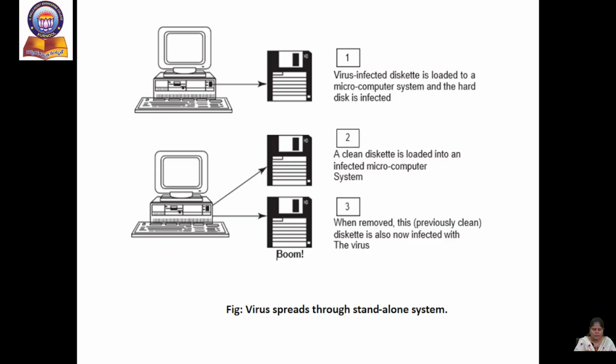Now if this is infected and a clean diskette is loaded into the infected microcomputer system, and we perform some action on this clean disk, then when removed, this previously clean diskette is also now infected with the virus, because the system has already been infected. Now if you use the clean diskette that has been inserted into that particular infected system, it will also get infected. Right, this is through the standalone system.